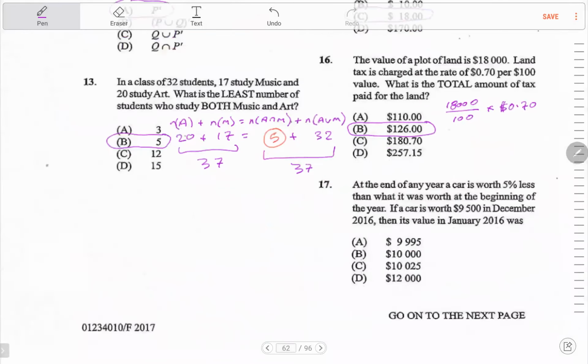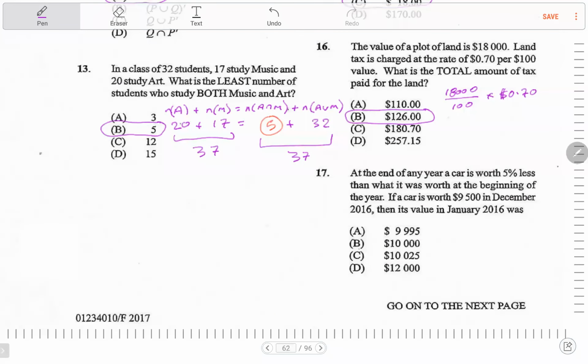At the end of the year, cars were 5%. We did this question already, and the answer was 10,000. Because we said the new value was 95%, so it was 95 over 100 times the value was equal to 9,500.